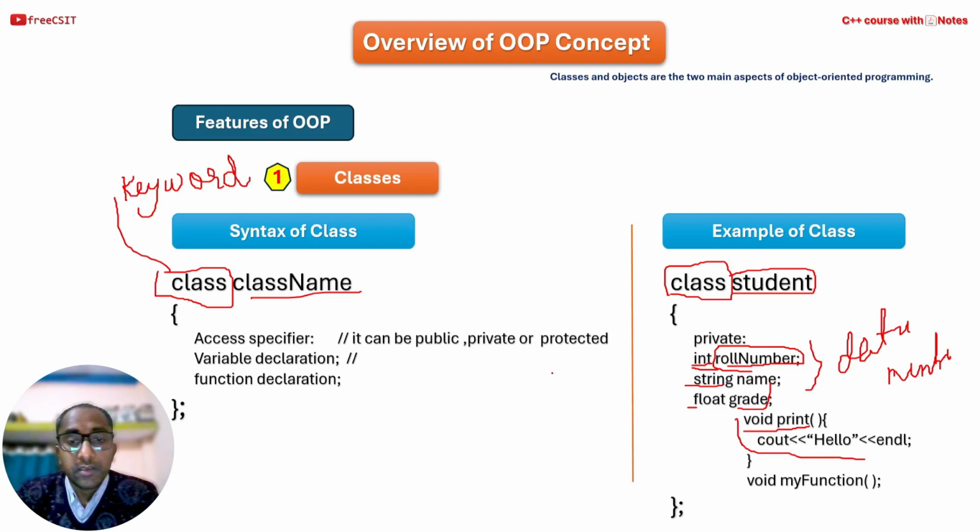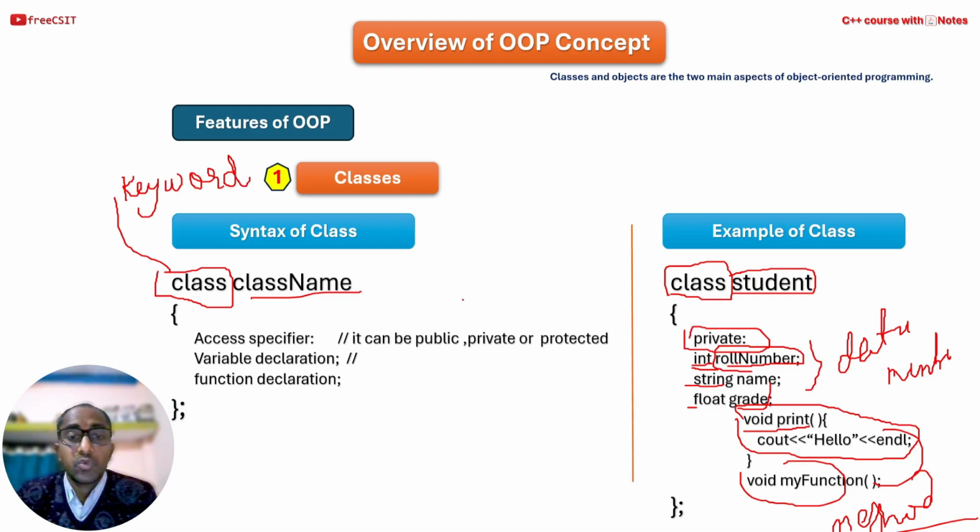And I have created some functions, because a class also binds data and functions, methods. So I've created functions. This is the function, this is the method, and these are data members. And before it, one keyword like private is inserted here. So what is this?